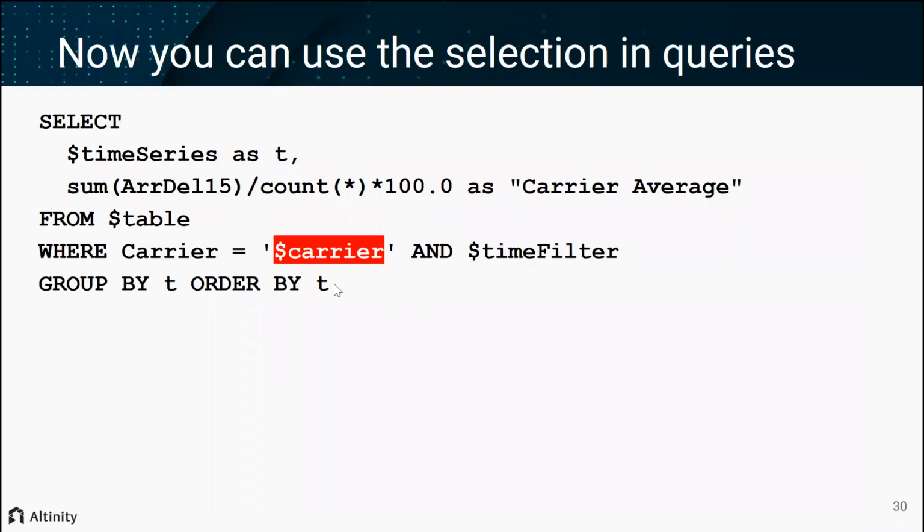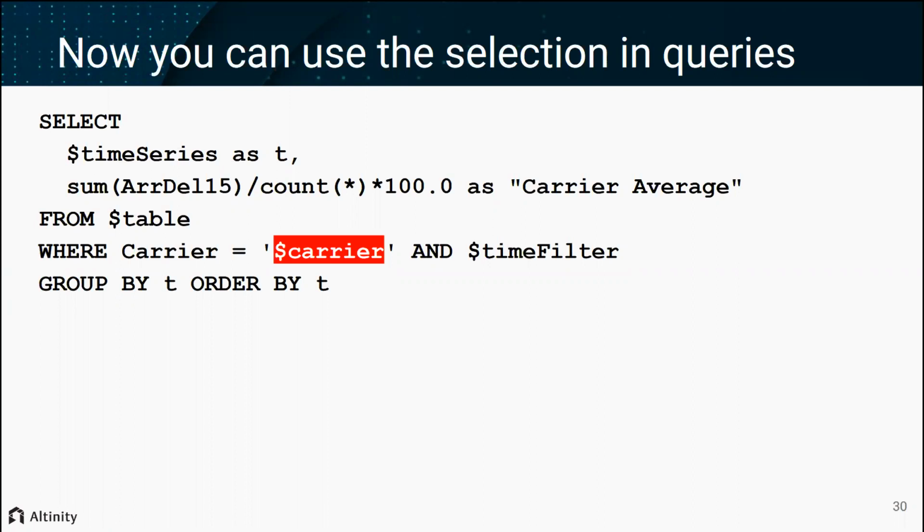But what that does is it creates a variable which you can now use to select in your queries. And so $carrier becomes a variable that any query can use, and that will show data for the current carrier. So you basically have to put it in yourself, but Grafana gives you a simple way of defining the drop down and then populating the variable.